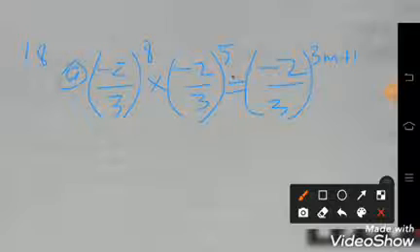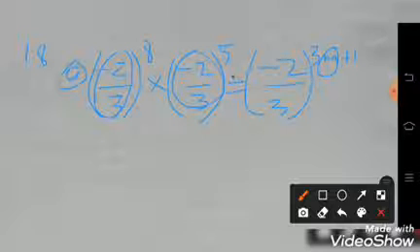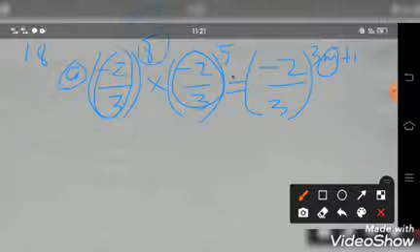Let's see question number 18. The question is, find the value of m. So the question asks us to find the value of this m. How do we find it? First of all, check the rational number 2 by 3 and 2 by 3. They are equal, but the exponents are different, and here we have multiplication.